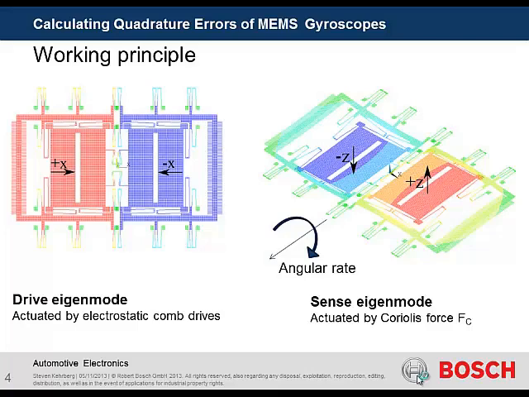And now you can use the right hand rule, and you have the velocity in this direction, then the angular rate in the second, and then you have the resulting sense amplitude in z direction that is presented here. And we also have an eigenmode that is at about 25 kilohertz, and thereby we can stimulate the sense eigenmode. And with some detection electrodes underneath these detection masses, we can sense angular rate with this sensor.